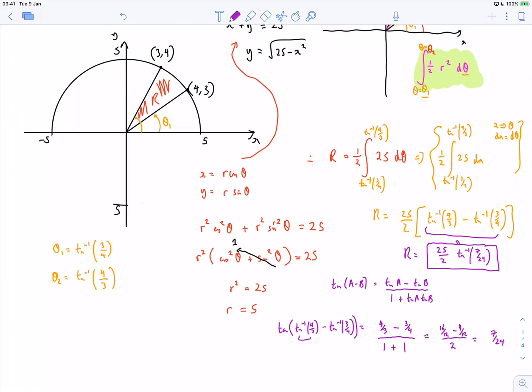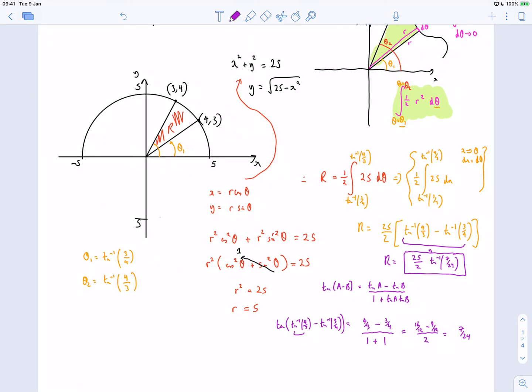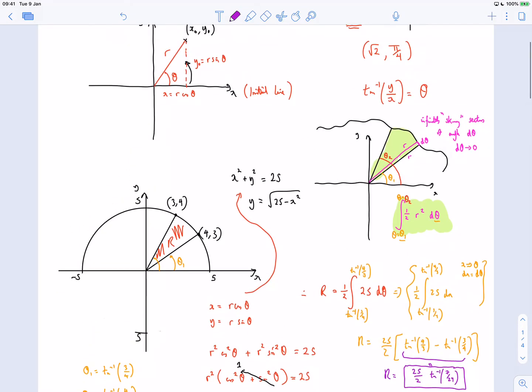Okay, so there's lots of ways you could have done this question, but that's how you would have solved it using polar coordinates. The main takeaway here is that when we're integrating, we're dealing with infinitely skinny sectors of angle d theta, and we're using the limit that d theta tends to 0.